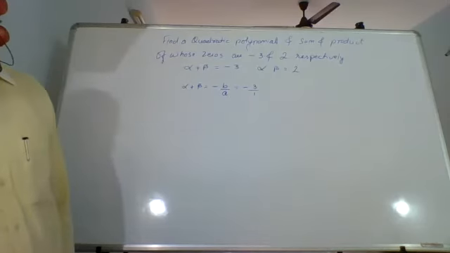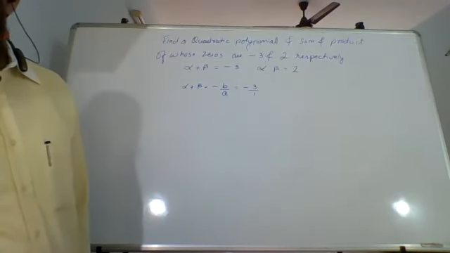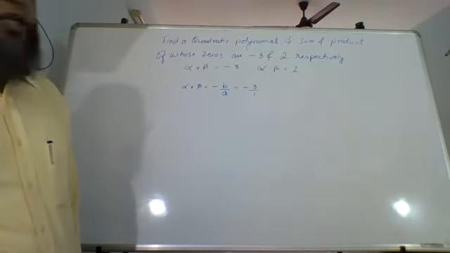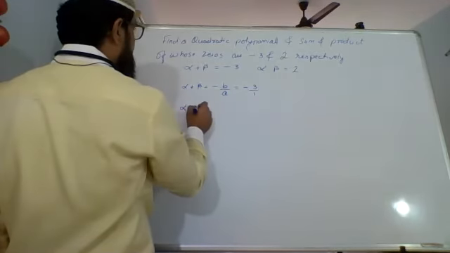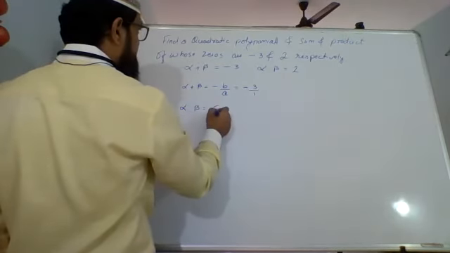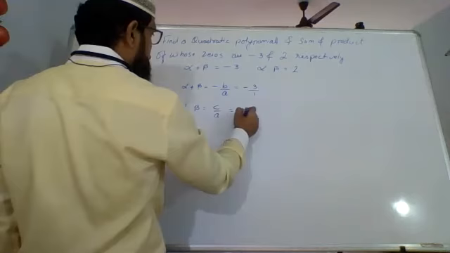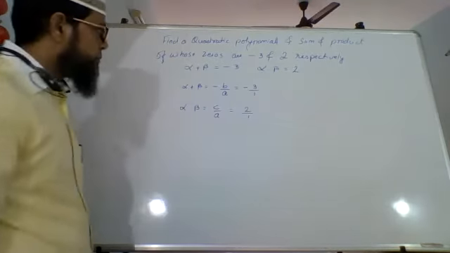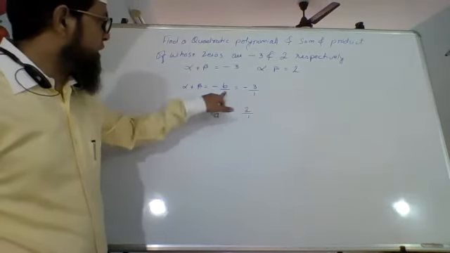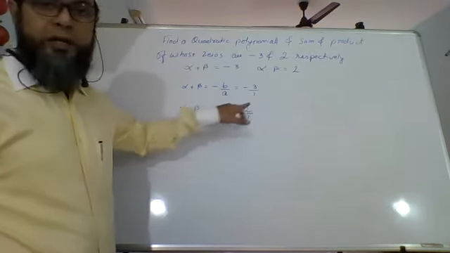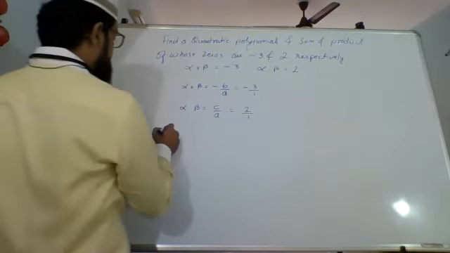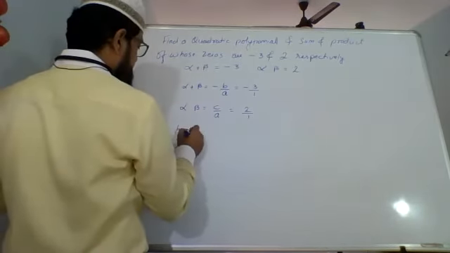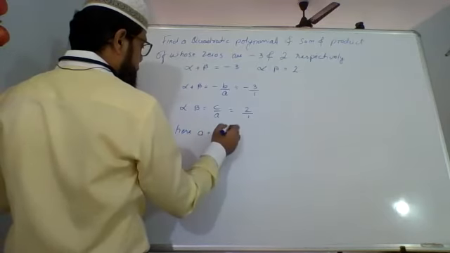And alpha into beta equals c upon a, which is 2 upon 1. So from both of these we can see a is 1. Therefore, here a equals 1.